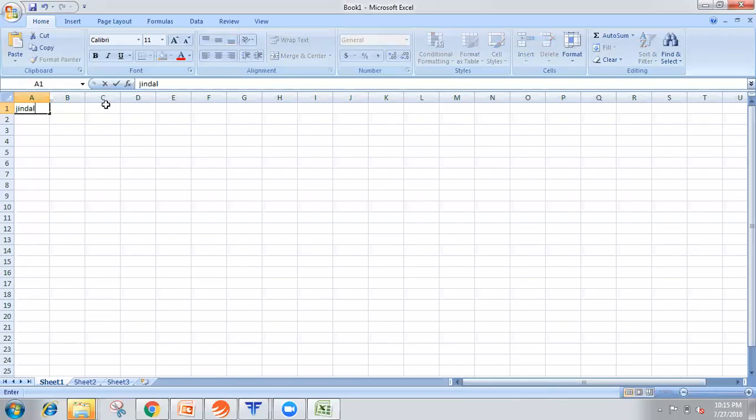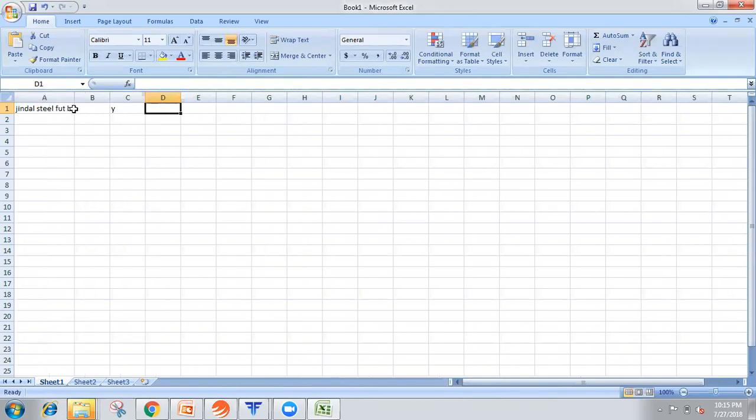Jindal Steel future buy. Okay, the futures have the upper hand and the options have the lower hand.